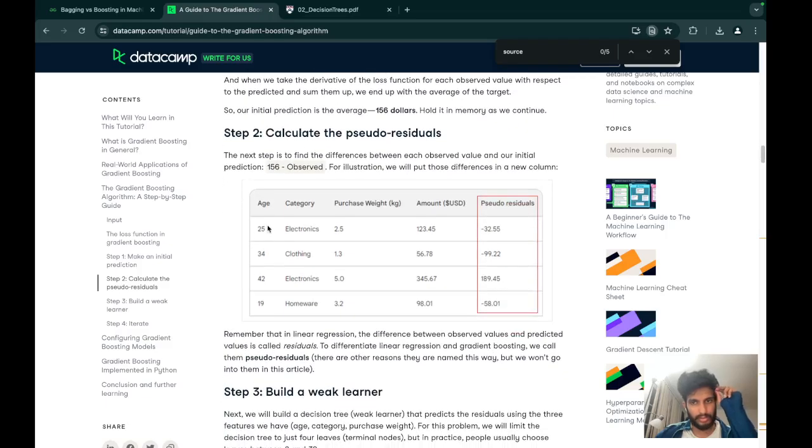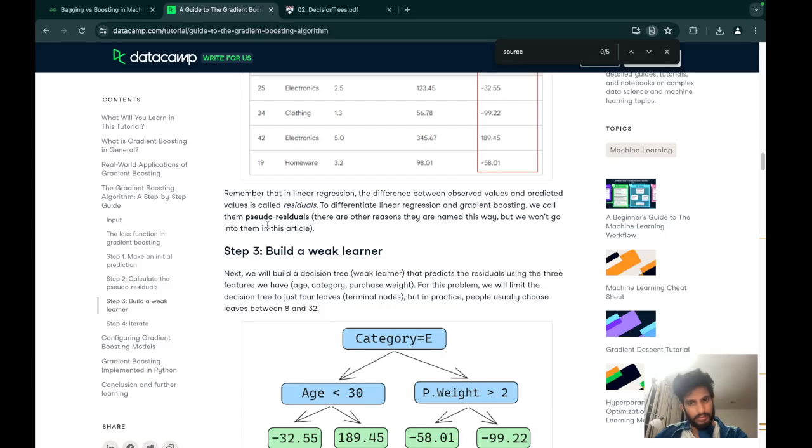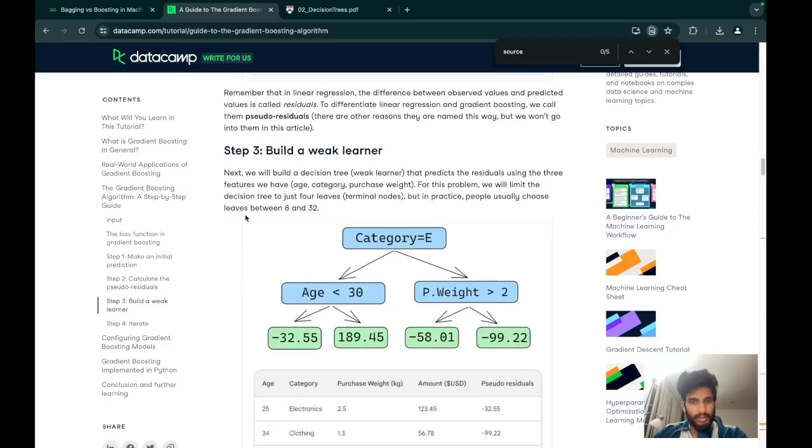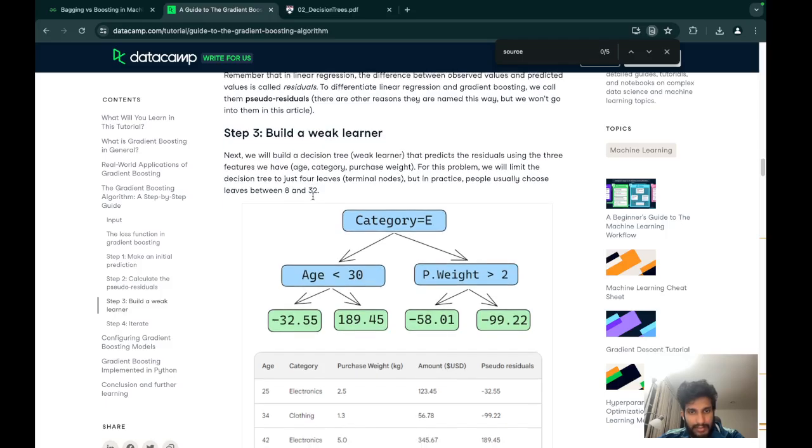Calculate the pseudo residuals. Build a weak learner. Next, we'll build a weak learner that predicts the residuals using three features: age, category, purchase weight. For this problem, we will limit the decision tree to just four leaves.